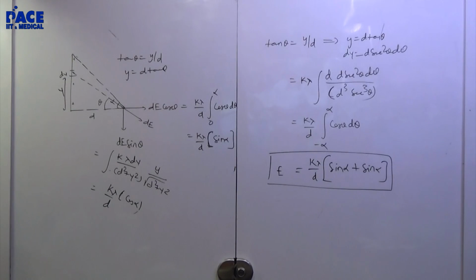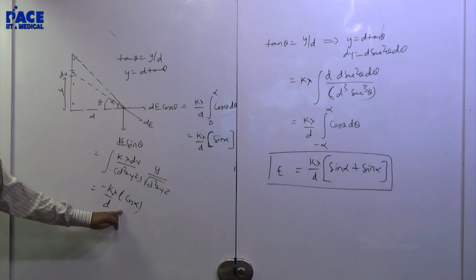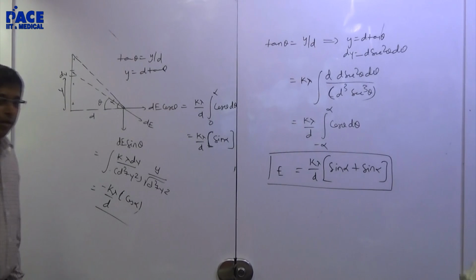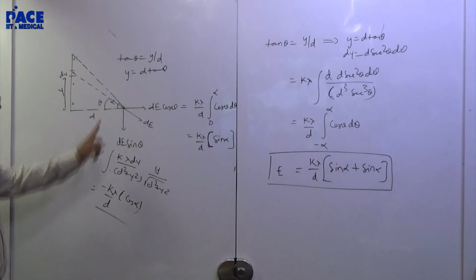Minus cos theta. Okay, so what are you getting? Why will you get a minus sign? Because when you integrate sine, it comes out to be minus cos theta. So how will you interpret this negative sign? Does that mean the field is upwards?